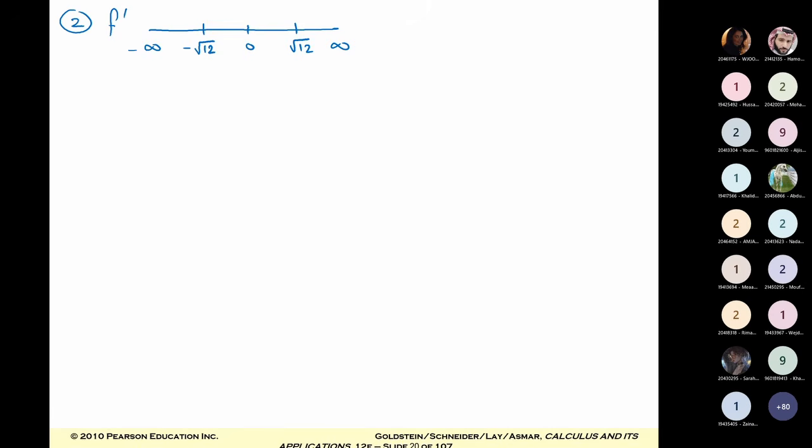Okay. Now we can choose the value of f prime at, for example, negative 4. What's the value of f prime? F prime of x equals x to the power 3 minus 12x.